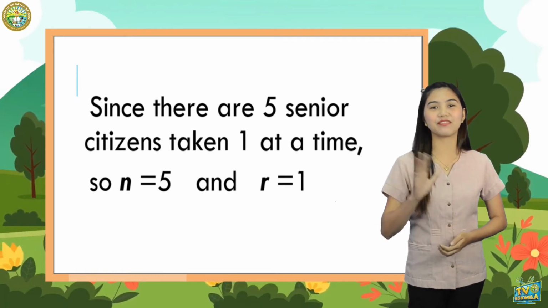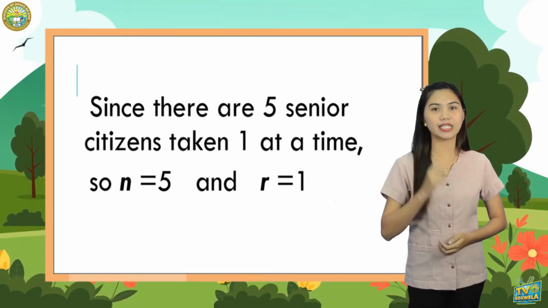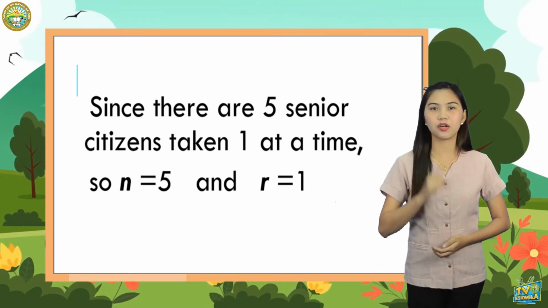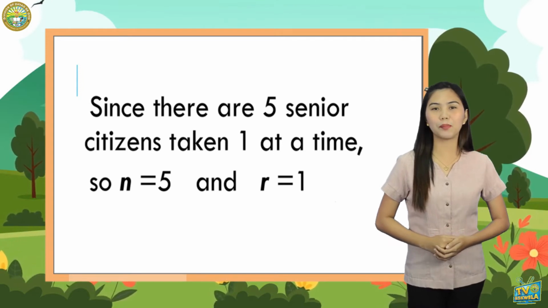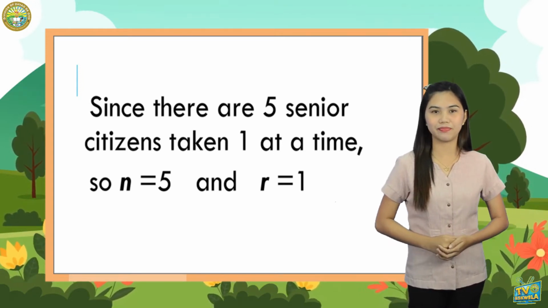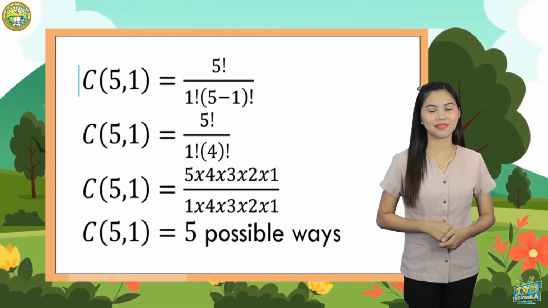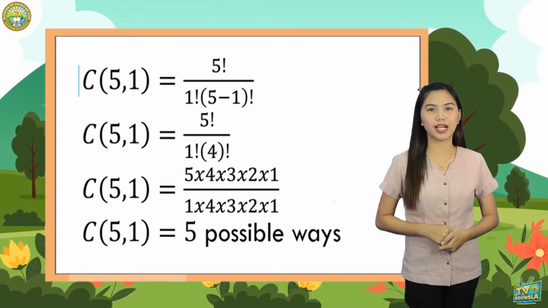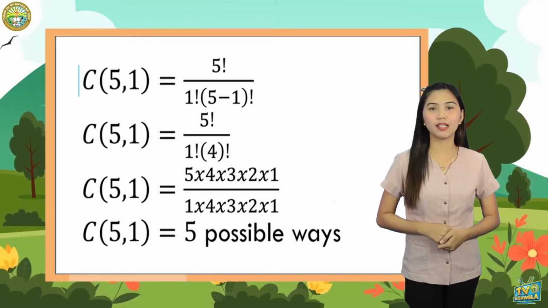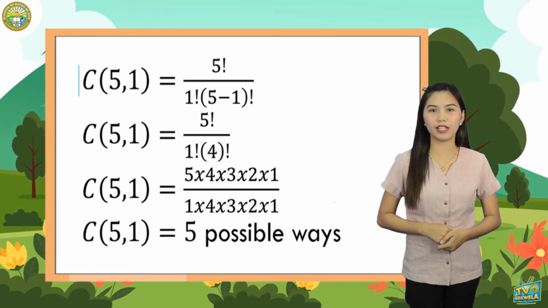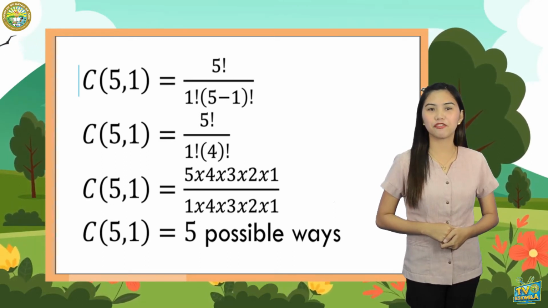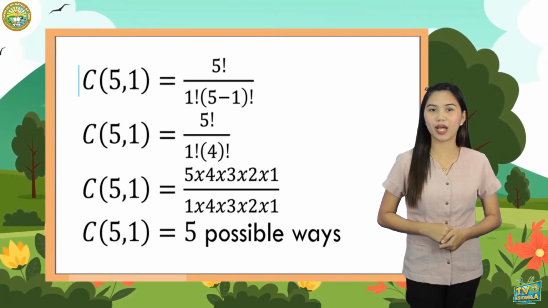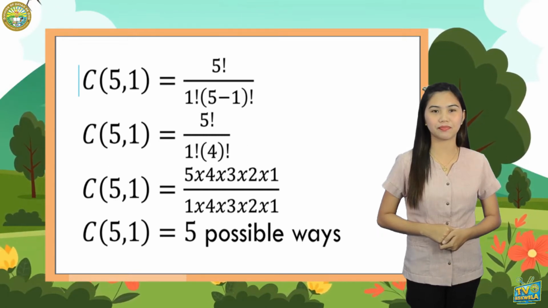Since there are 5 senior citizens taken one at a time, so n equals 5 and r equals 1. Using the combination formula, we have C(5,1) equals 5 factorial over 1 factorial times (5 minus 1) factorial. Then 5 factorial over 1 factorial, and 5 minus 1 is 4 factorial.